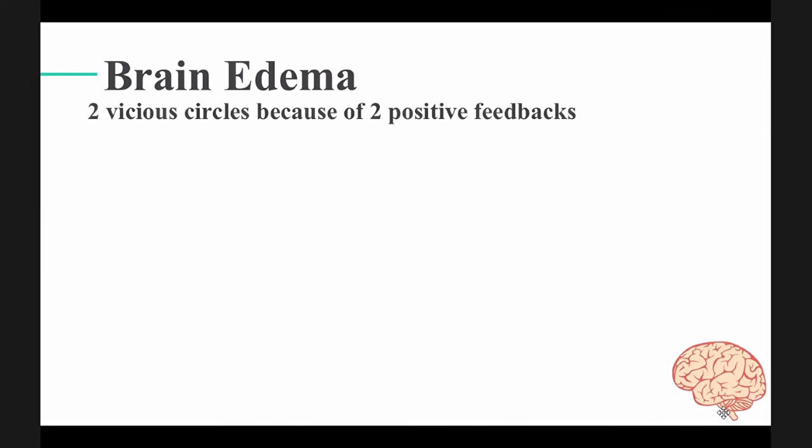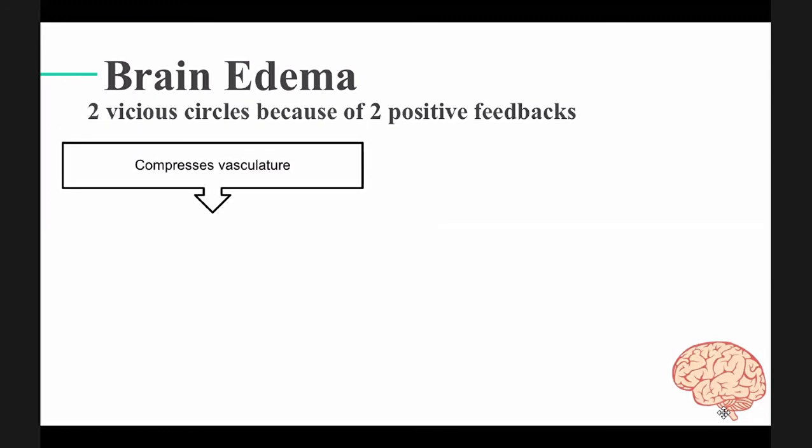So the vicious cycle, for example, can be from compression of the vasculature. Since the circle of Willis comes from the base of the skull and goes superiorly before it penetrates into the center of the brain, the vessels are outside. So if there is brain edema, it could compress these arteries or arterioles.